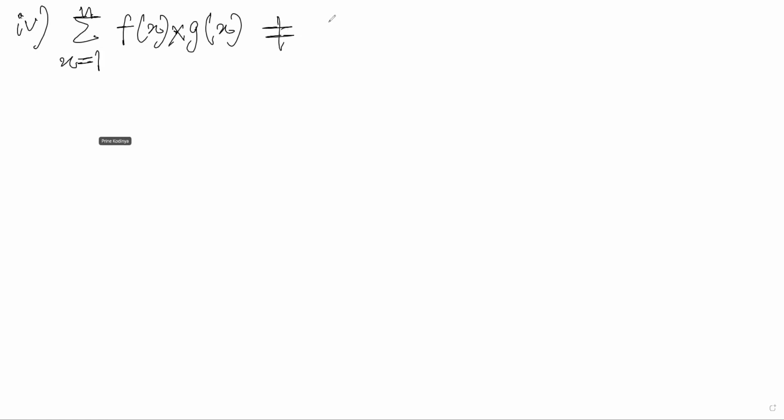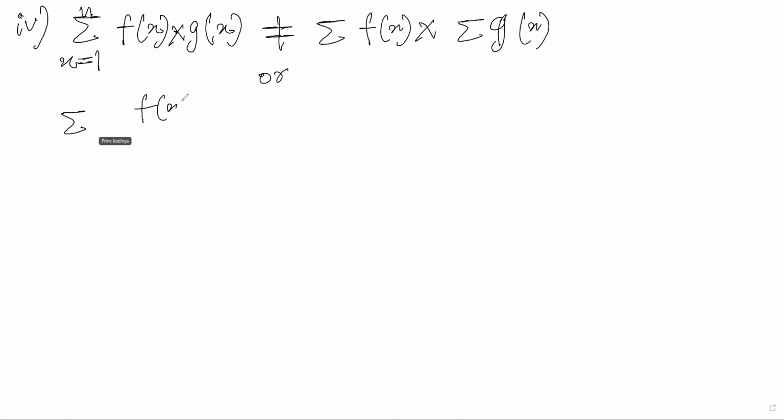So you cannot write this as sigma f of x into sigma g of x. No, this is wrong. You cannot distribute sigma over multiplication or division.